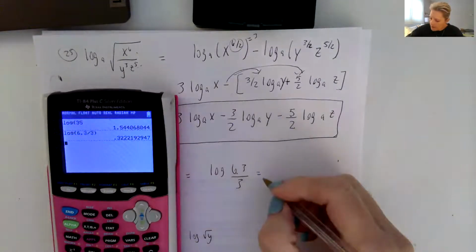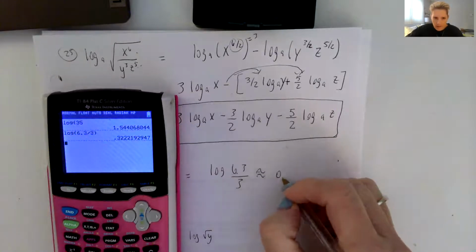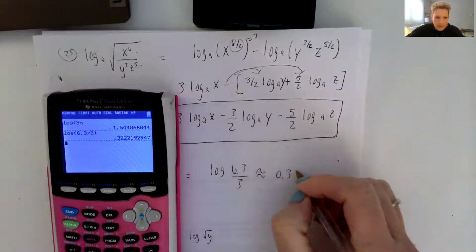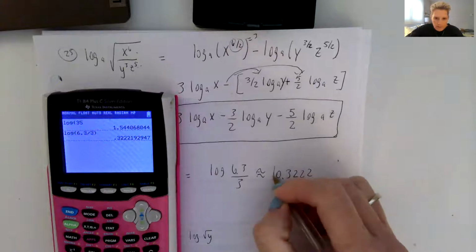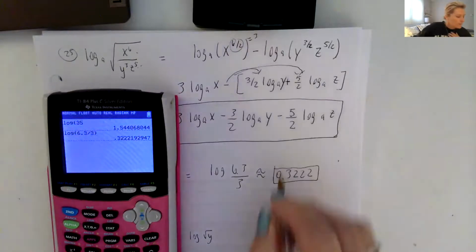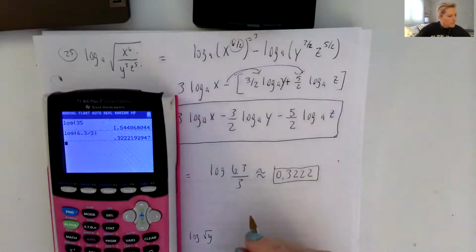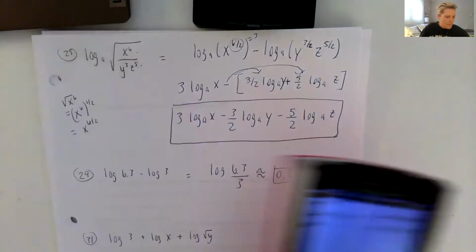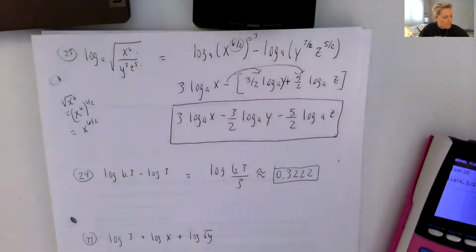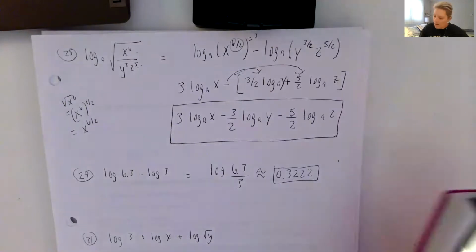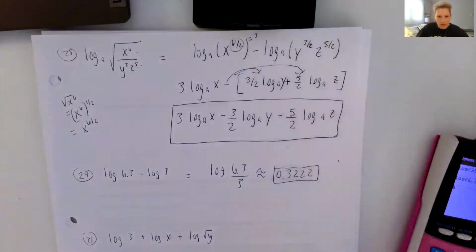And that comes out to be approximately 0.3222, which is also the log of 2.1 if you just divide those.